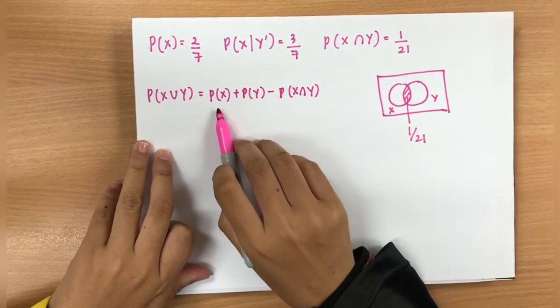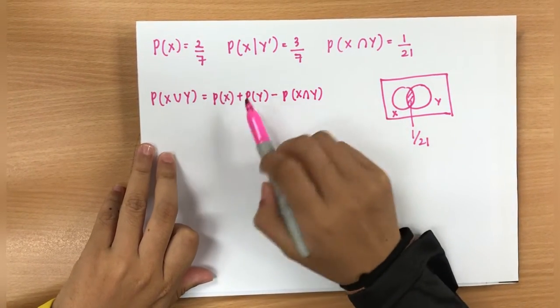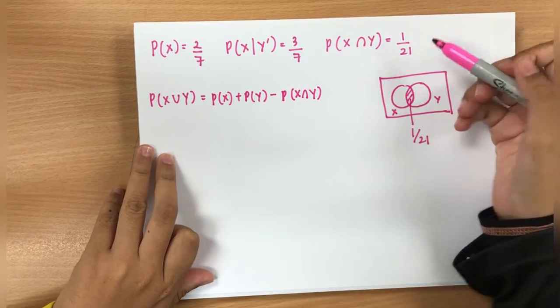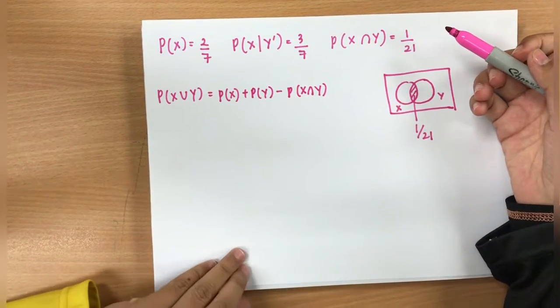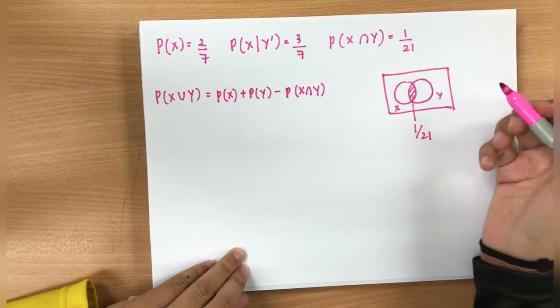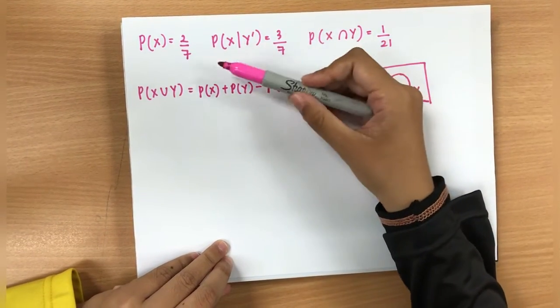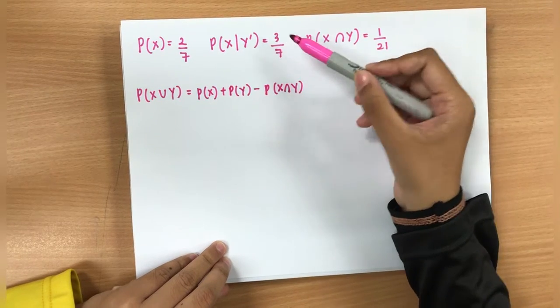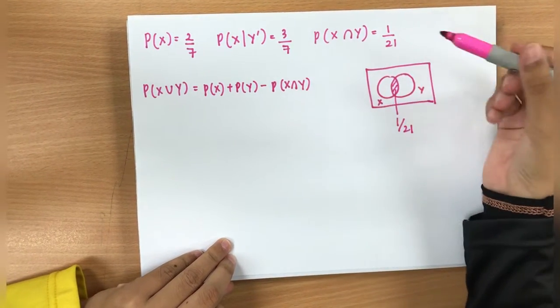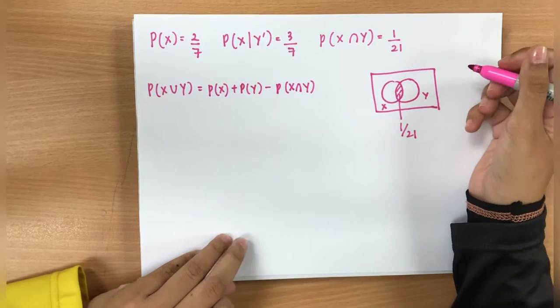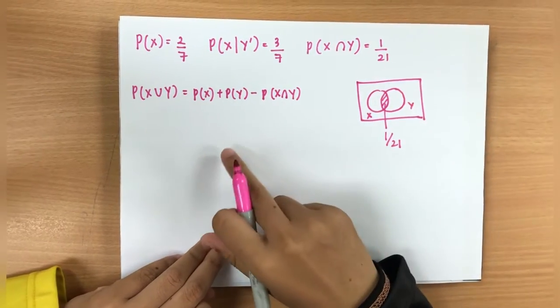So here, probability X is given in the question, and probability X intersect Y is given. So we don't have probability Y. To find probability Y, we are given probability X given Y prime, so we must first find probability Y prime.